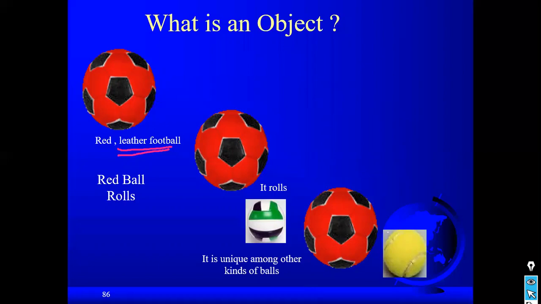So we have a unique identity for every ball. The make of the ball defines the state. So this ball is made up of leather, and that defines the state. And rolling is the behavior.